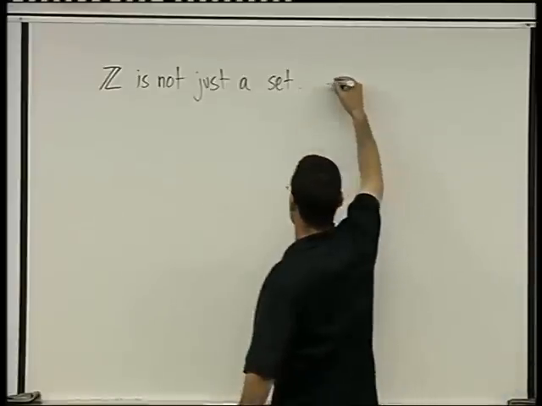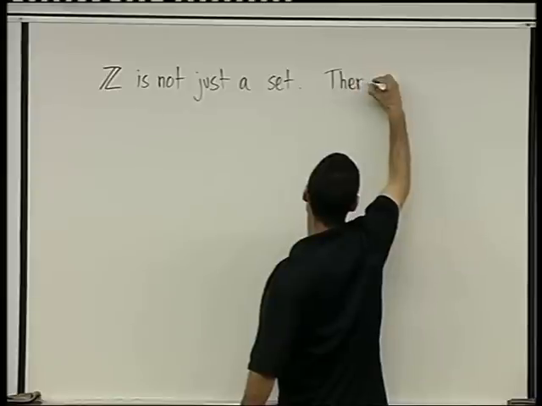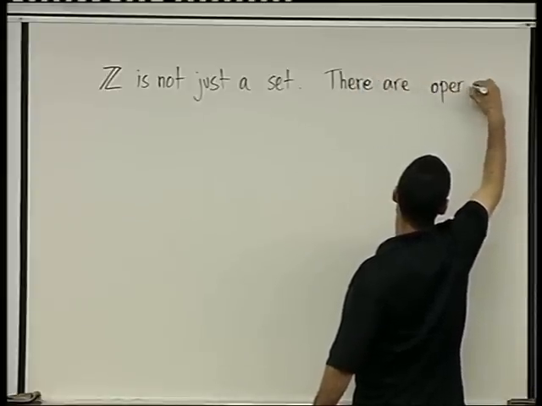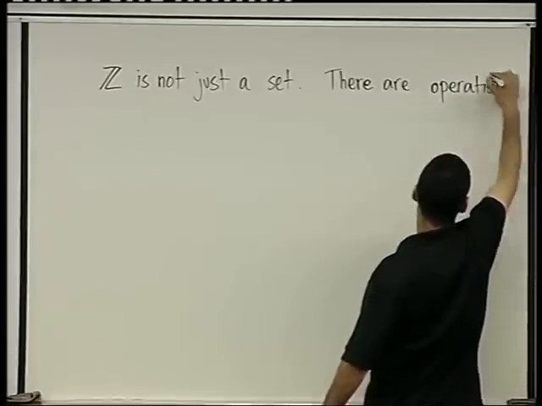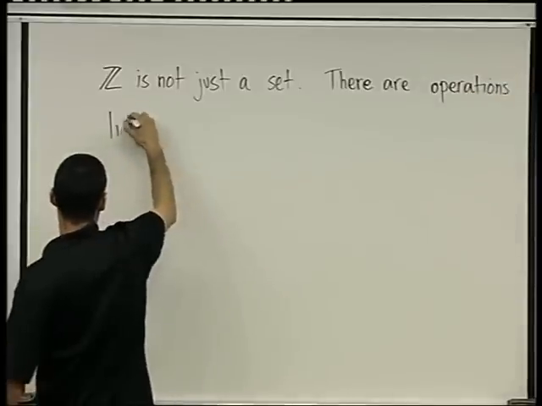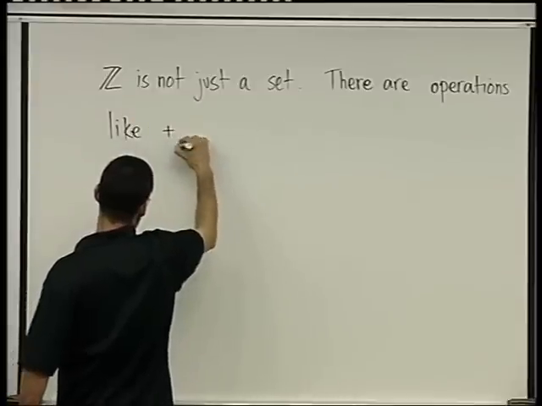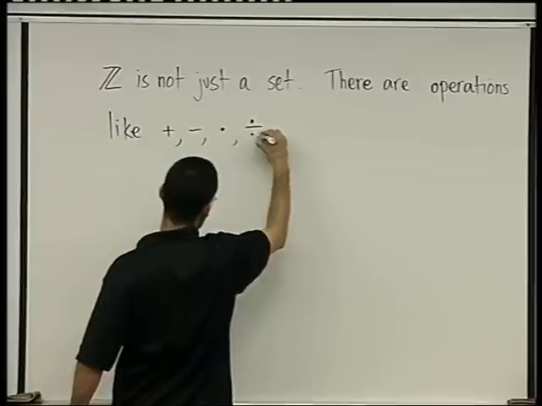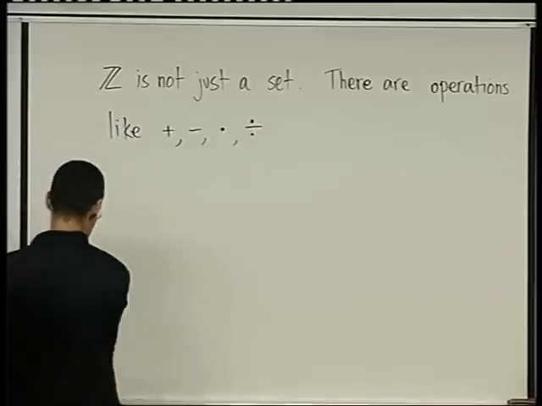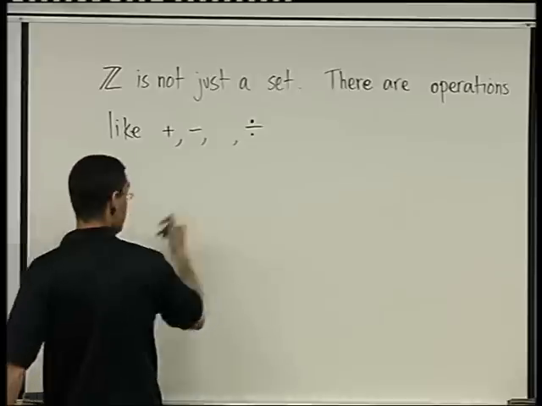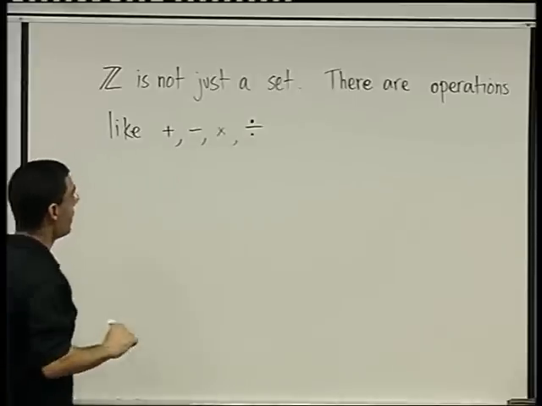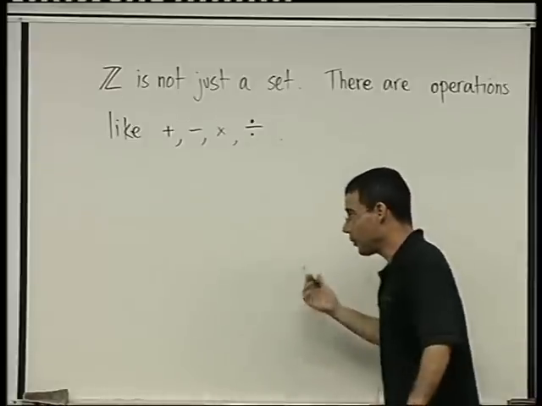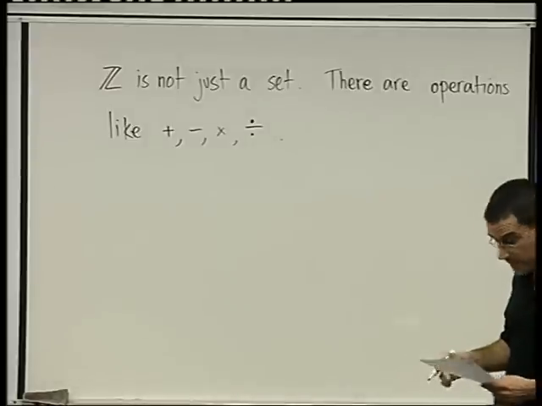It has operations involving the elements, like addition, subtraction, multiplication, division, right? Let's indicate this by a little x. And from this, we want to extract the abstract structure of Z.